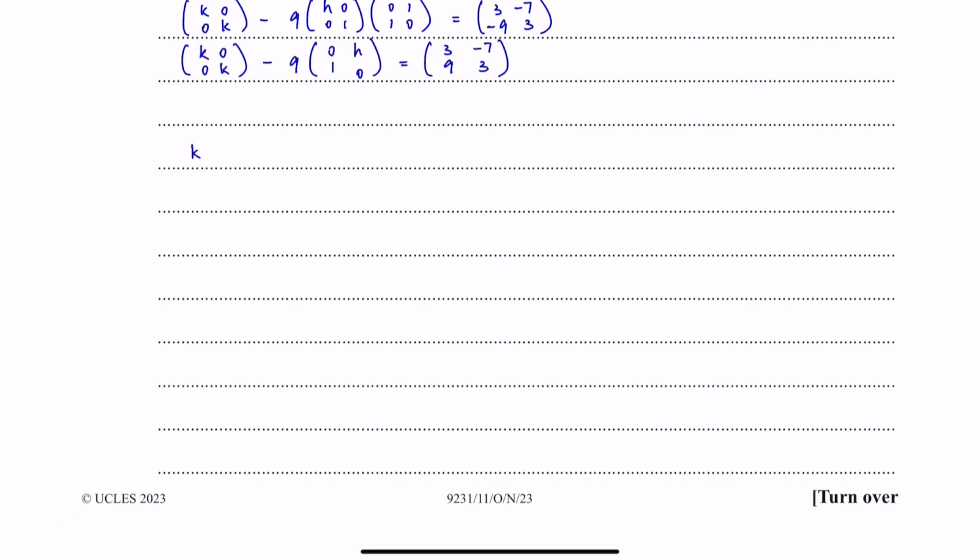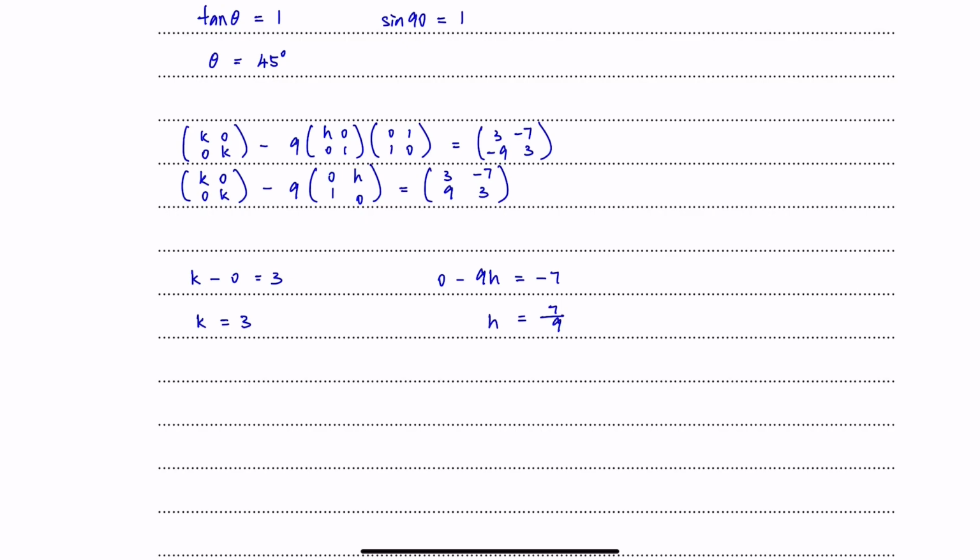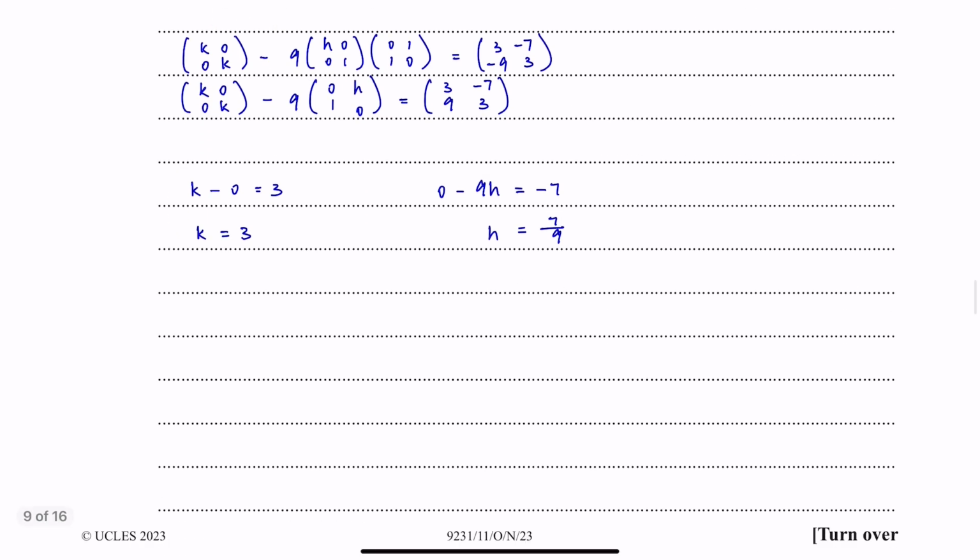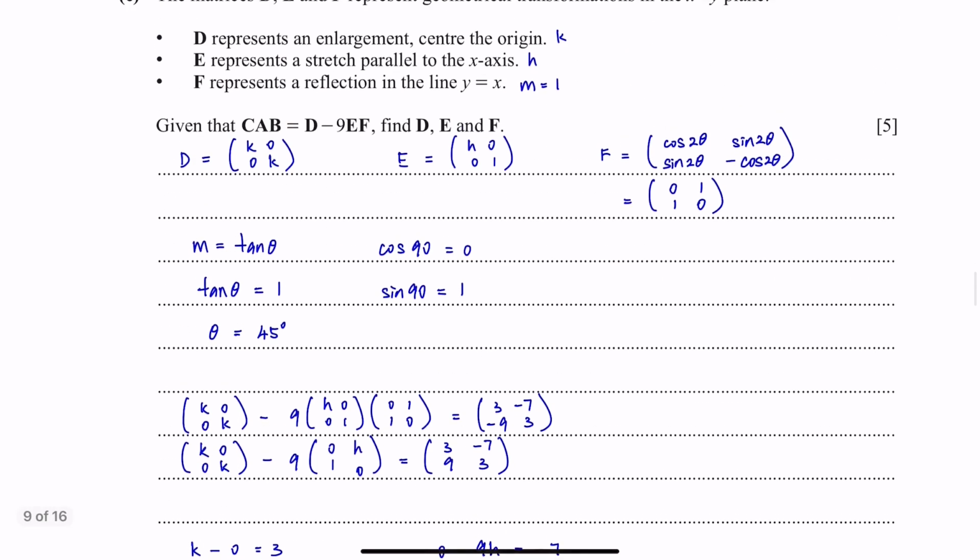So k minus 0 equals 3, k is 3. And to find h, we need to use this and this. 0 minus 9h equals negative 7, and h is 7 over 9. And that's it. So D in this case is 3, 0, 0, 3, and E in this case is 7 over 9, 0, 0, 1. And F is already here.